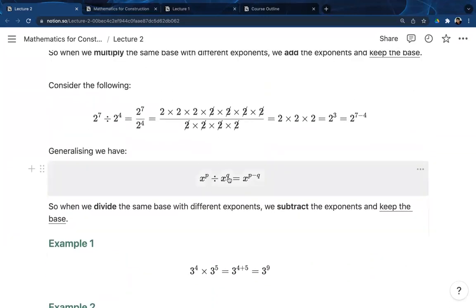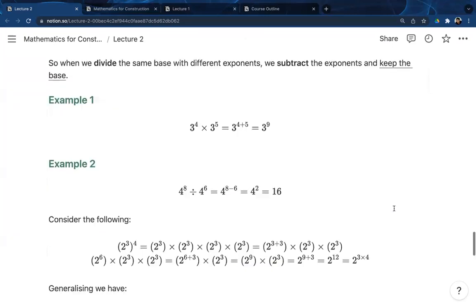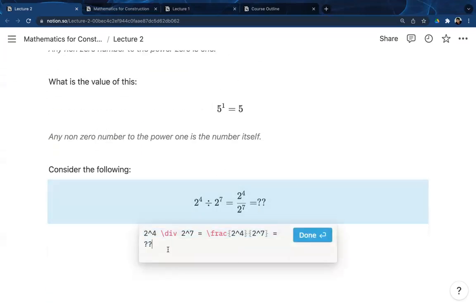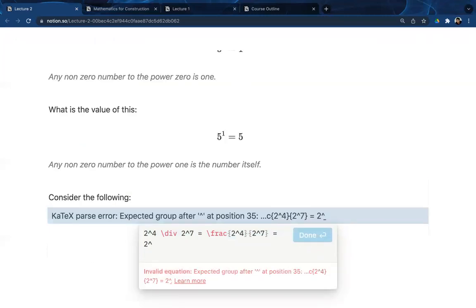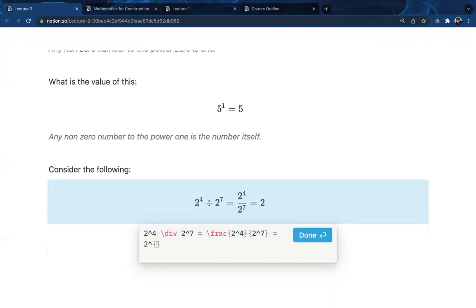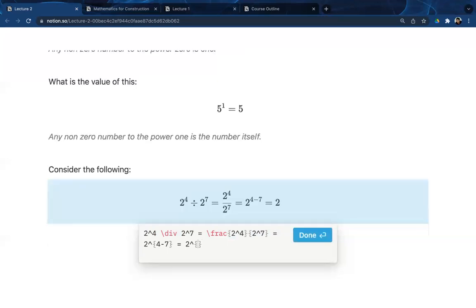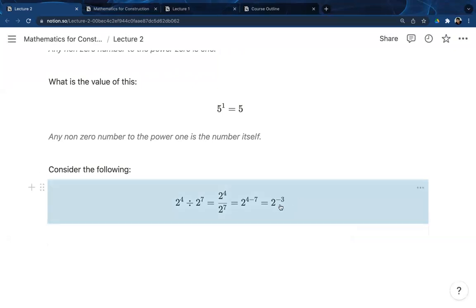When we divide, we just subtract the powers. So using the rule, this is 2 to the power 4 minus 7. But 4 minus 7 is -3. So this is odd. What do you mean by 2 to the power -3? What is this really?